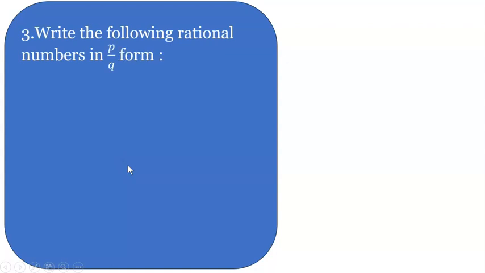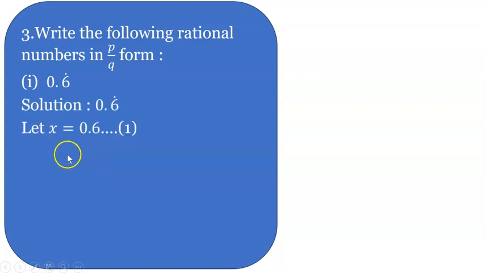Now next, write the following rational number in p upon q form, that is 0.6 with a dot. Now the solution. Let x be equal to 0.666.